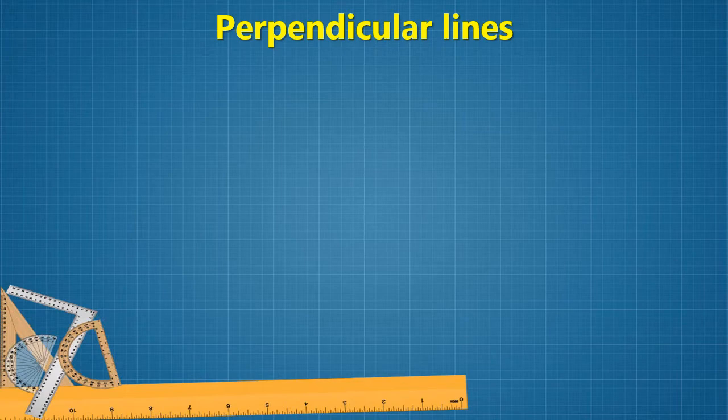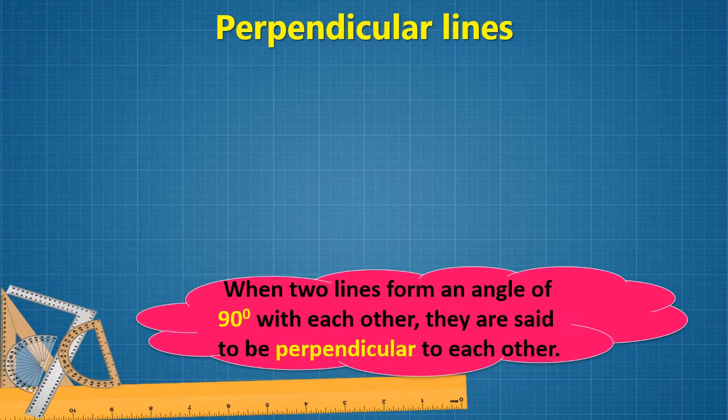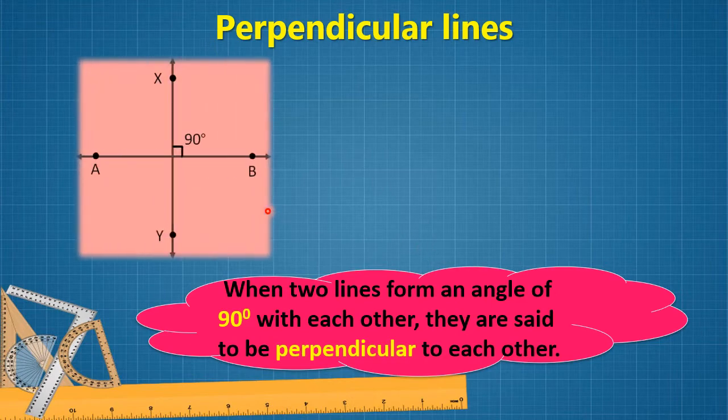Let us learn about perpendicular lines. When two lines form an angle of 90 degrees with each other, they are said to be perpendicular to each other. Let us see the example.